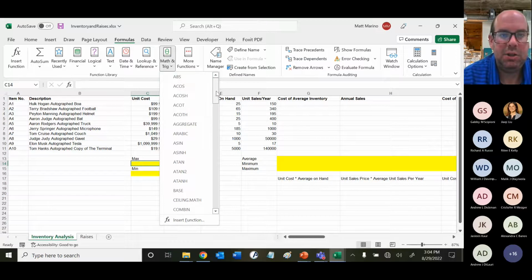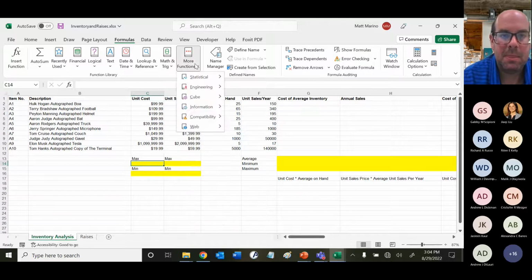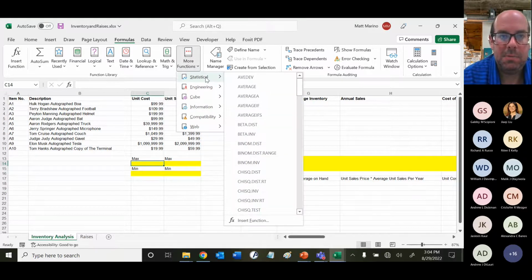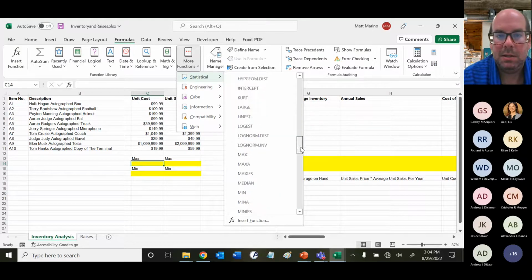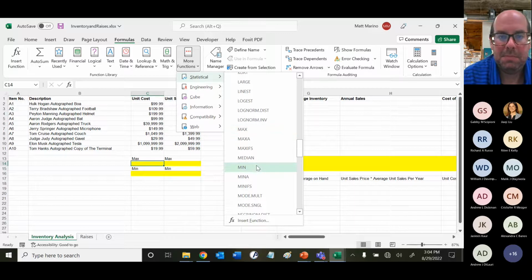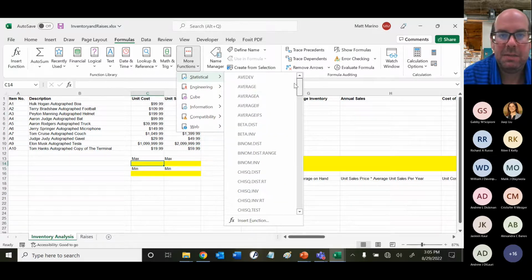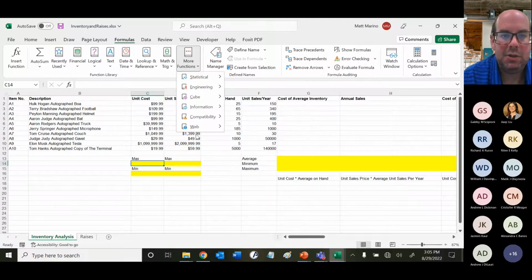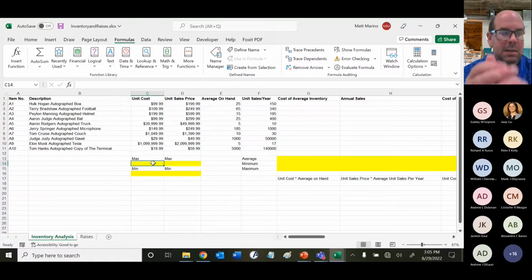In this example, they should be under math and trig, and of course, they're not. So they would be under statistical. Max, min, average is up at the top. Or like I said, you could type them in, and I'll show you that.